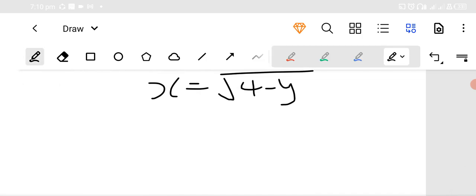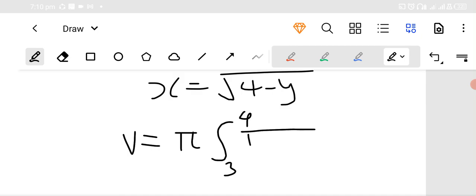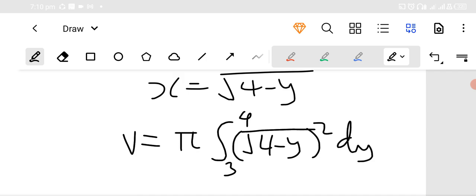So volume will be equal to pi multiplied by the integral from B to C. B was 3, C was 4, and then you have square root of 4 minus y, and that has to be squared, then we have dy.